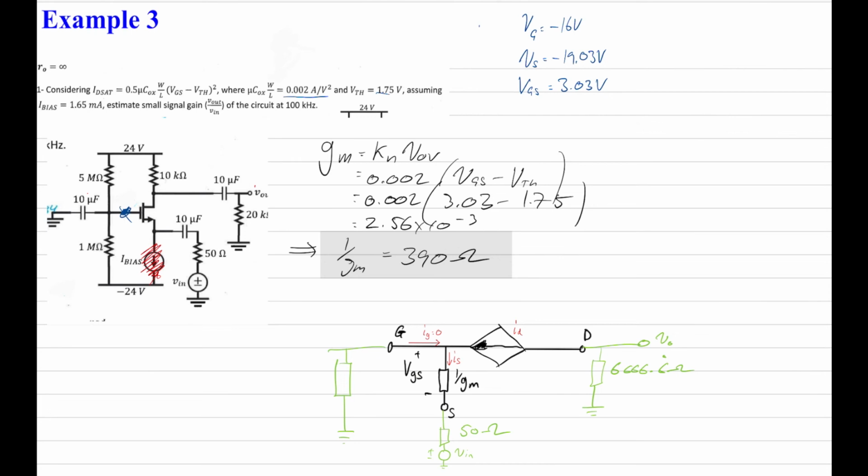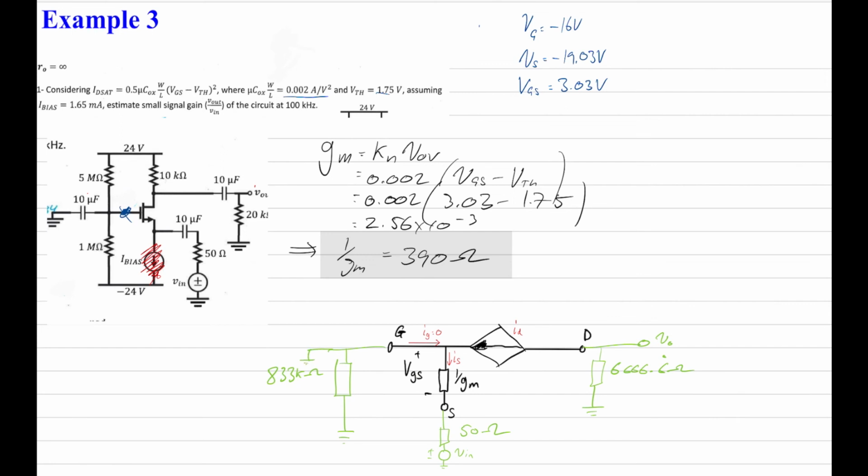I'm just going to do that again to make sure. 5 times 10 to the 6 times 1 times 10 to the 6 divided by 6 times 10 to the 6. Yeah. Okay, so that's going to be 833 kilo ohms for that resistor over there, and then this is kind of going to ground as well.